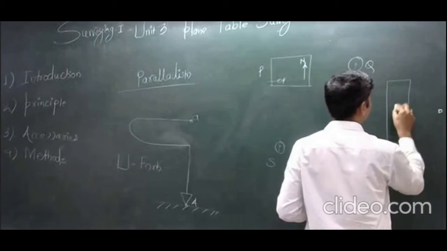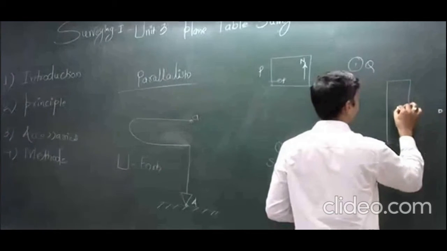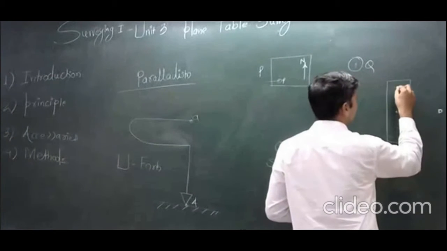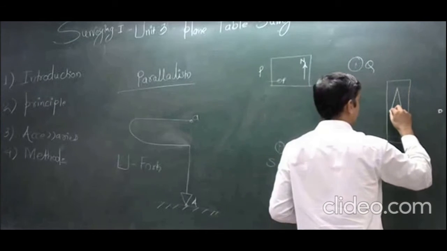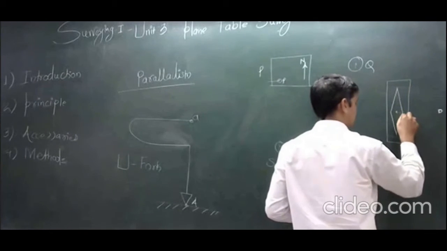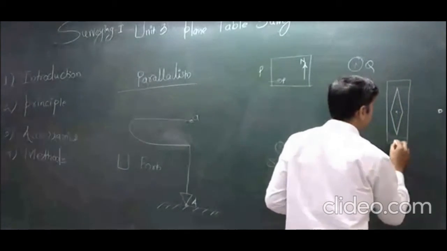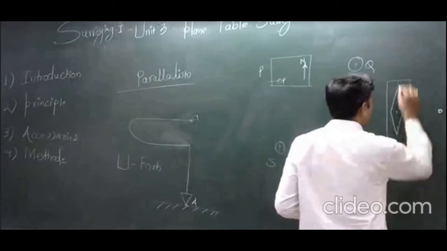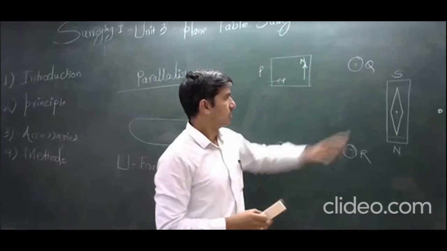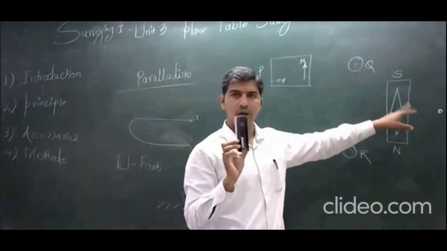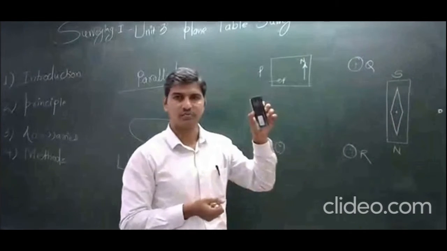Here at the center, we have that particular dial gauge, and the shape is like a triangle. Two triangles are connected with the base. One end is north and the other end is south. It is a compass like this duster.